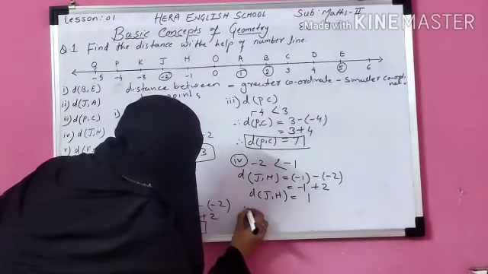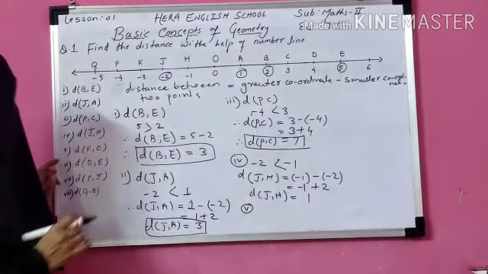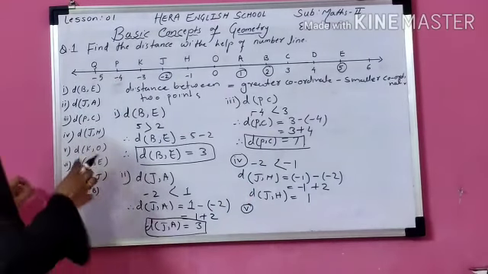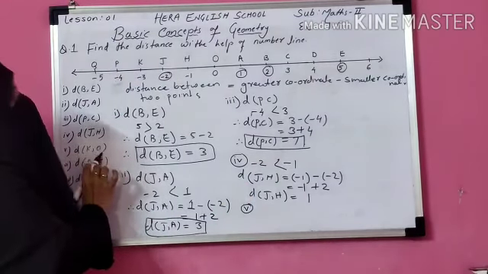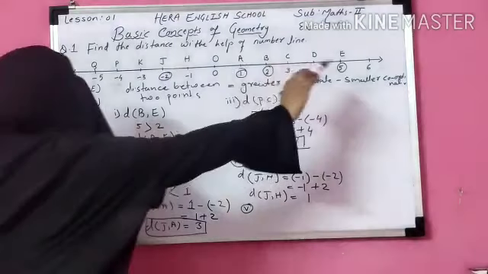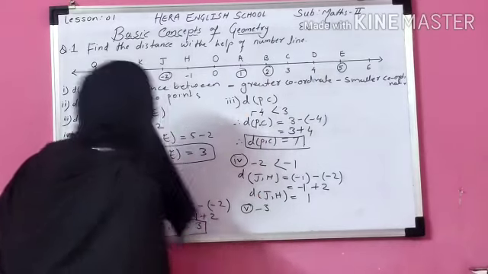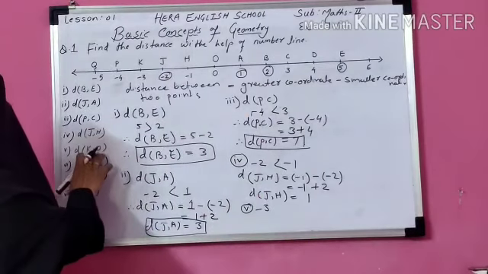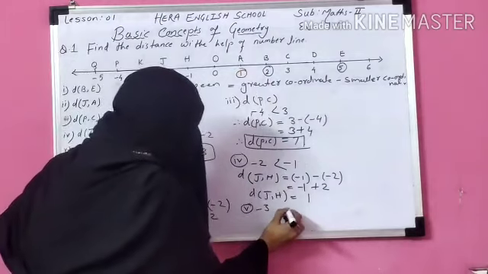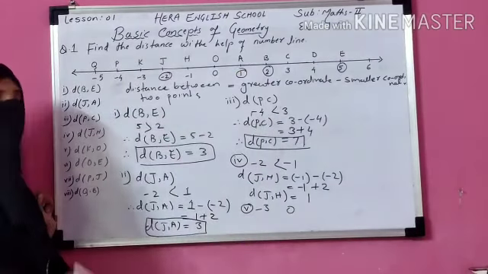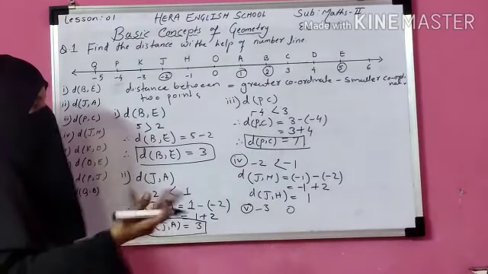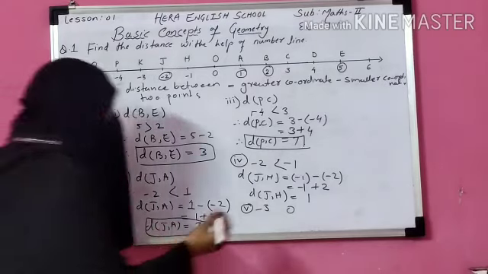Now the fifth one. Observe your fifth question. You have to find the distance between points K and O. Observe. The coordinate of point K is -3. And the coordinate of point O is 0. Now tell me which coordinate is greater here. Obviously 0 is greater than -3.